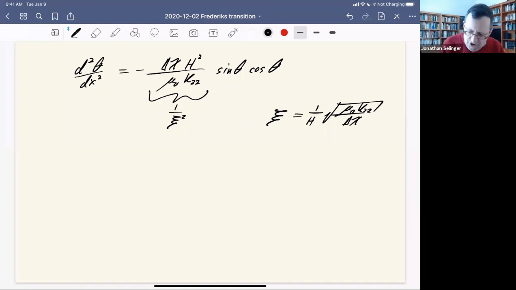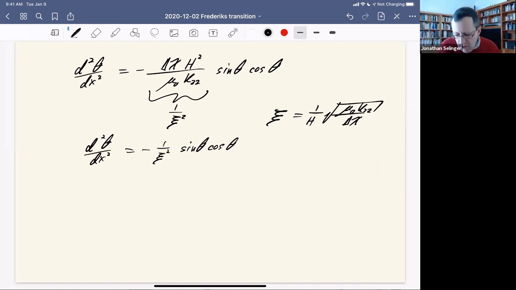Okay, so our differential equation d2 theta dx squared is minus 1 over xi squared sine theta cosine theta. This is a nonlinear differential equation, so it's a little bit of a pain to solve, but there is an exact solution, which I will just show you.